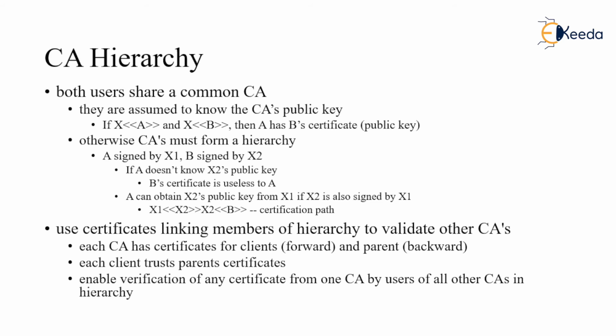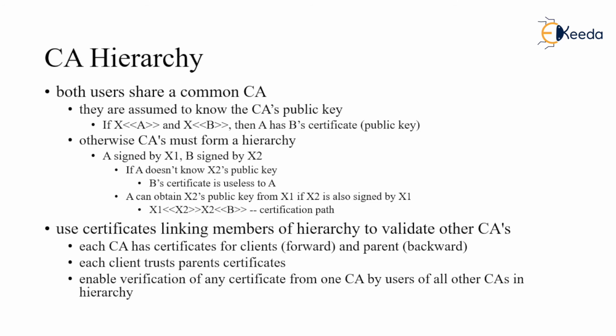A can obtain X2's public key from X1 if X2 is also signed by X1. That means it is very essential to use the signatures. It is very essential to use the proper hierarchy while issuing certificates to the users who are sharing the certificate authorities. Use certificate linking methods of hierarchy to validate other CAs.